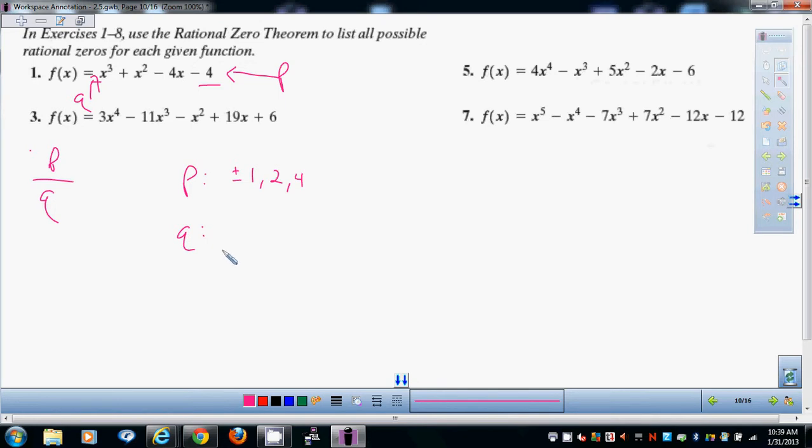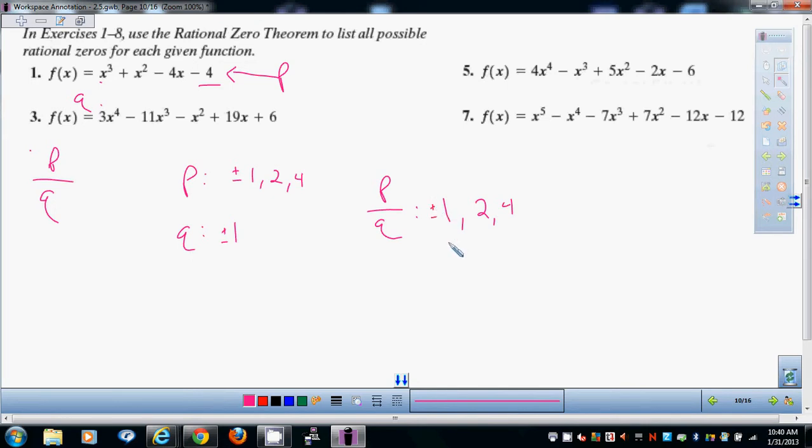It's just 1. Well, that's awesome. Whenever it's just 1, then that's the only thing you have to worry about. Now, what I'm asking from you in your answers, give me all possible combinations of p over q. So that's 1 over 1, 2 over 1, and 4 over 1, positive or negative. And there's only 6, plus or minus 1, 2, and 4.